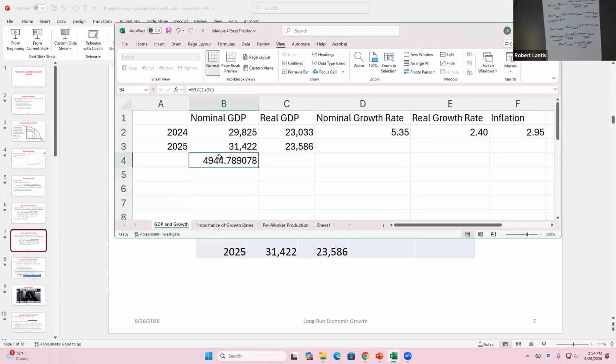When we use this equation, we don't use the percentage form of that growth rate. We use the decimal form. So what should I really be doing? Making sure I divide that by 100, or I should be using the value of 0.0535. So I can divide it by 100 as an equation, or I can convert it to my growth rate as a decimal form.